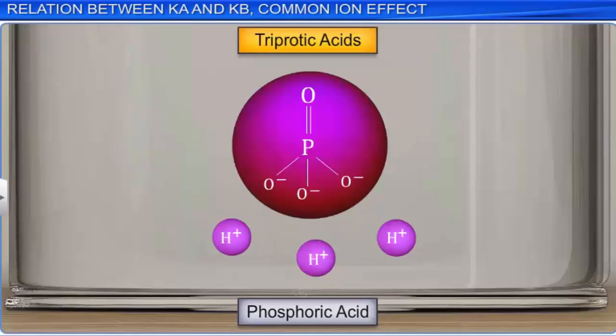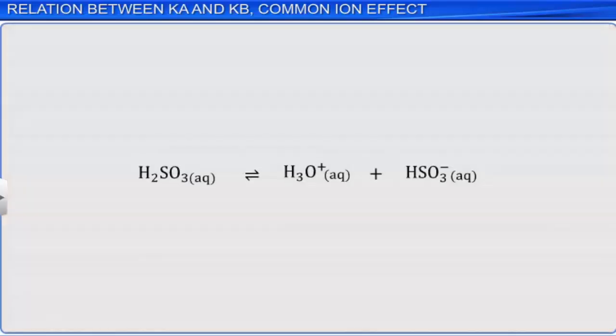Consider the ionization of a dibasic acid, sulfurous acid, in water. Its ionization can be represented in the form of an equation as H2SO3 (aq) in equilibrium with H3O+ (aq) and HSO3- (aq).